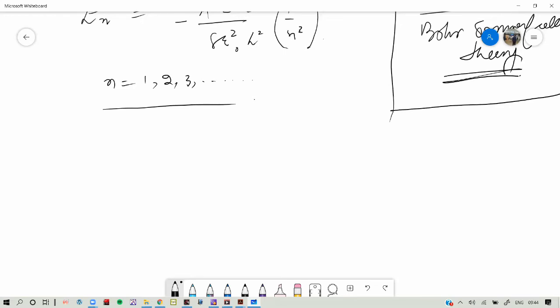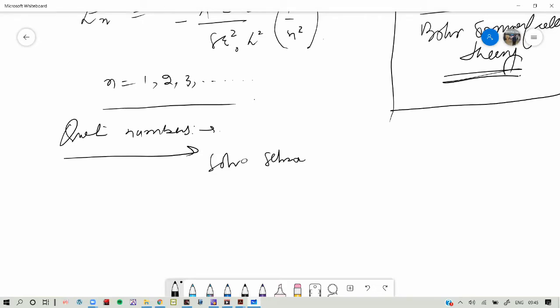This n was derived from Bohr's theory, but it has also been found to be valid when you solve the Schrodinger equation for the hydrogen atom.